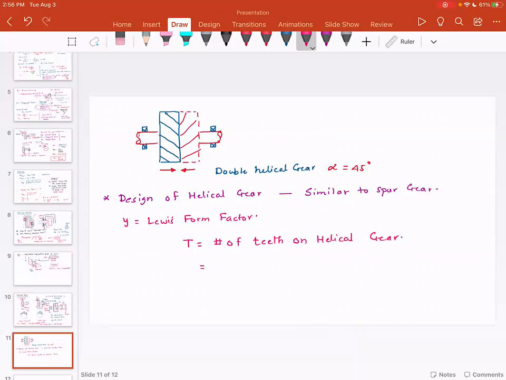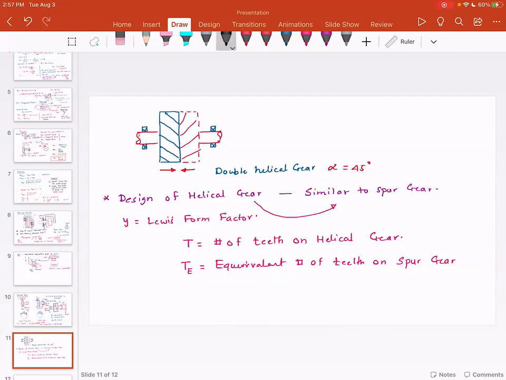What we do is we find out something called TE, which is the equivalent number of teeth on spur gear. So what does that mean? It means for calculation purposes, we convert a helical gear into a spur gear and perform the calculations.